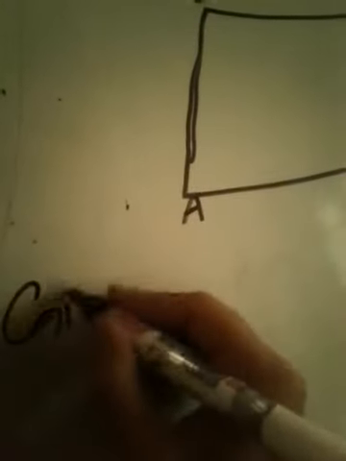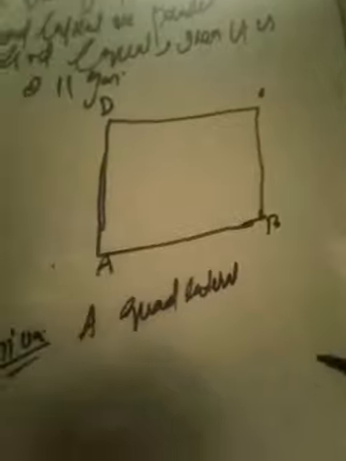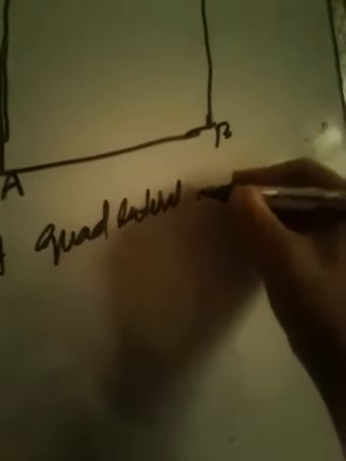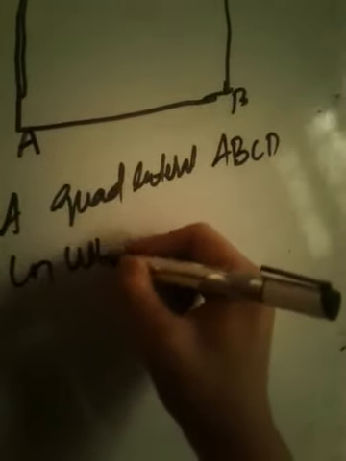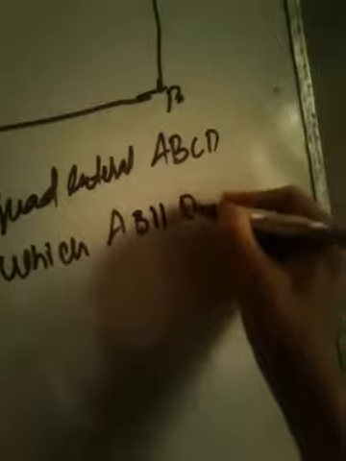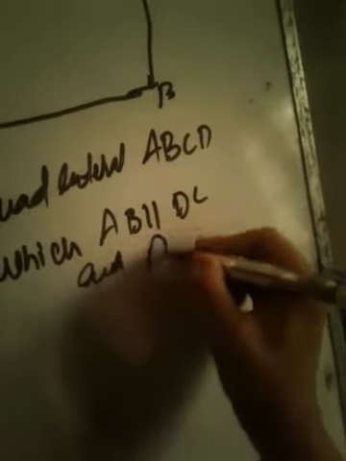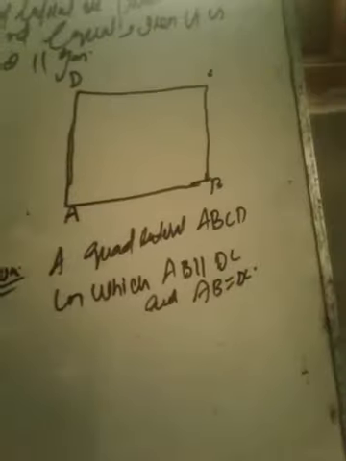Let us write the given: a quadrilateral ABCD in which AB is parallel to DC and AB equals DC, one pair.